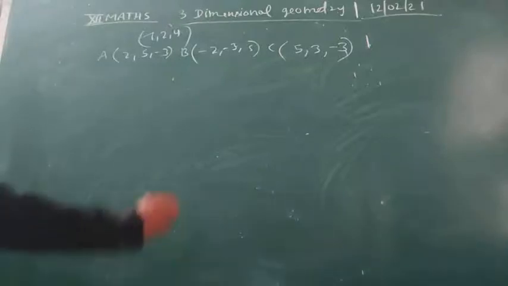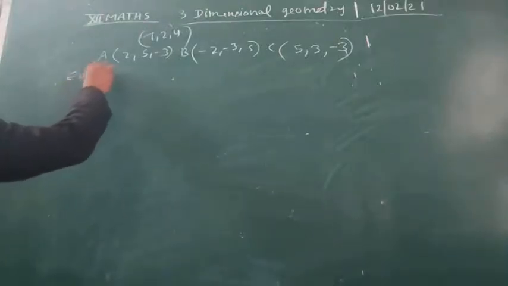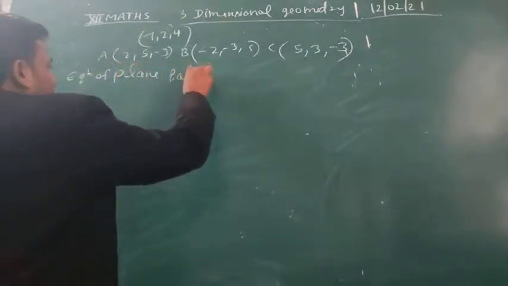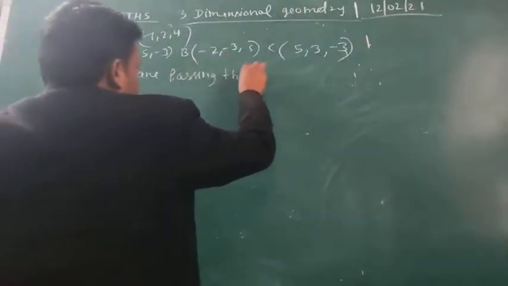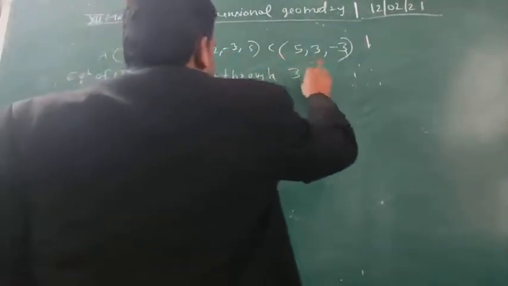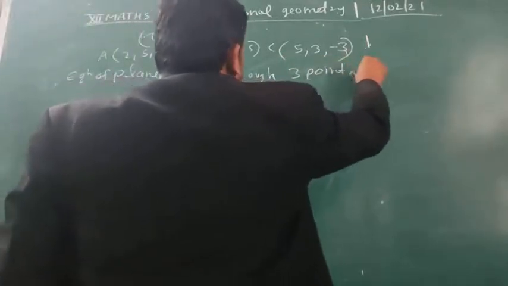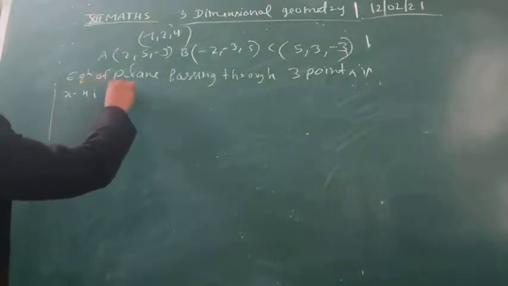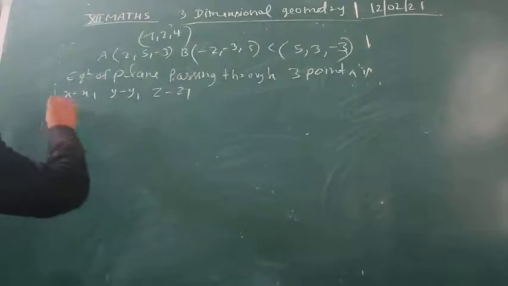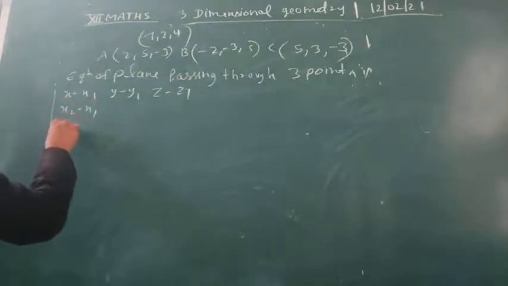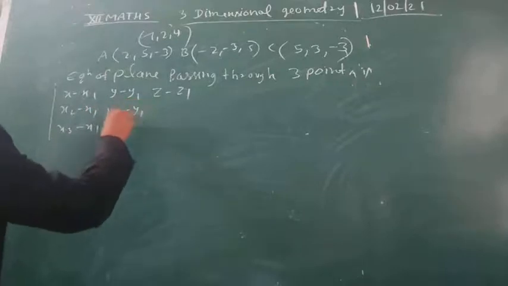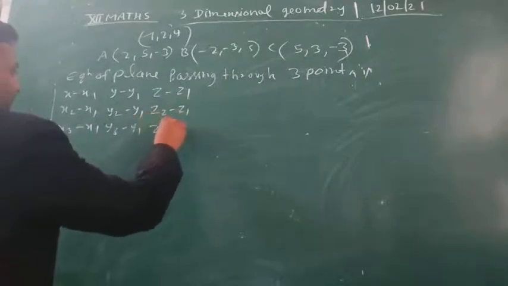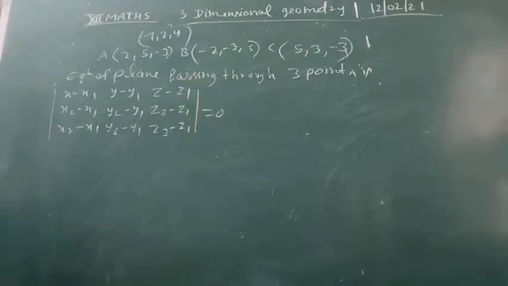Okay, students. So, the equation of a plane passing through 3 points is given by the determinant with rows x minus x1, y minus y1, z minus z1; x2 minus x1, y2 minus y1, z2 minus z1; x3 minus x1, y3 minus y1, z3 minus z1, equal to 0.